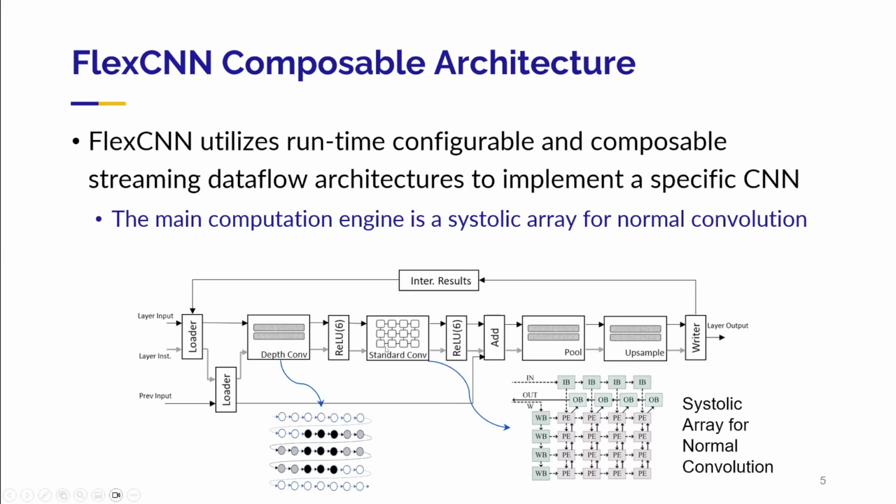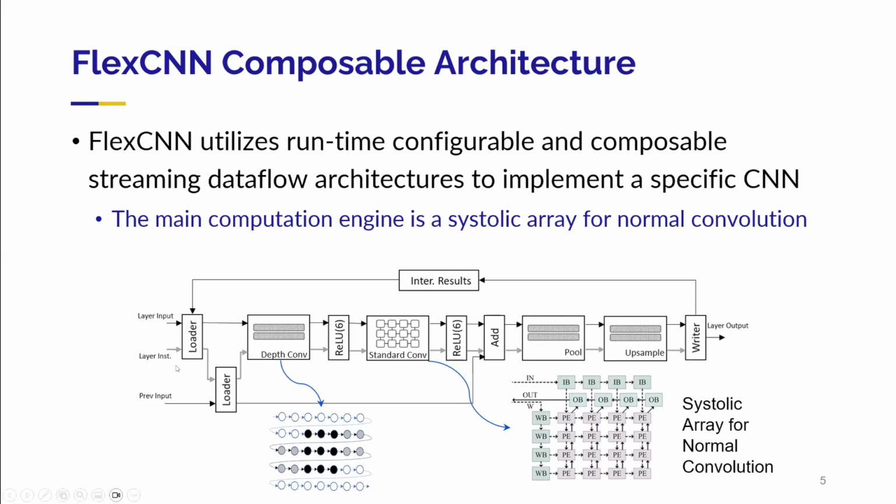The other modules are lightweight, implemented using line buffers. The architecture does not have to be this for all of the CNNs. It depends on what type of layers are found in a specific CNN, and then the whole CNN will be divided into small subgraphs that will be mapped to this architecture and processed sequentially.